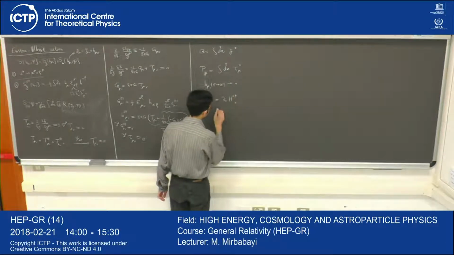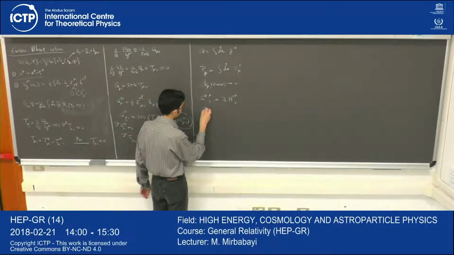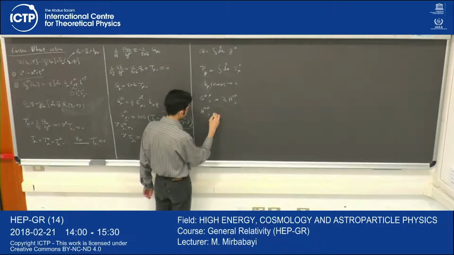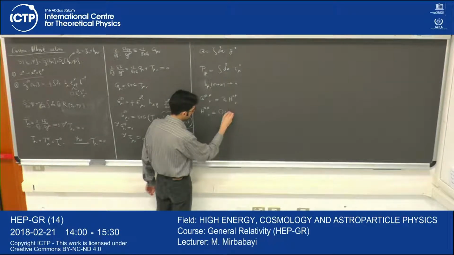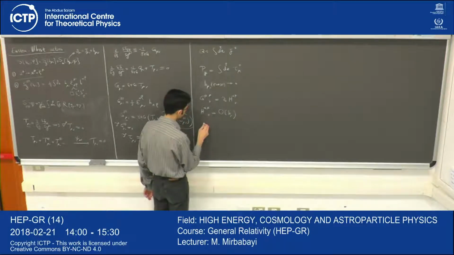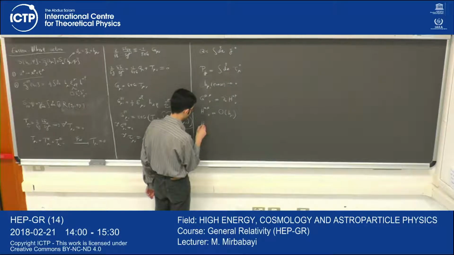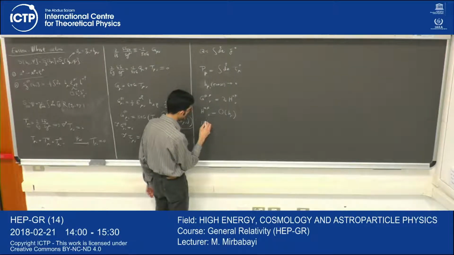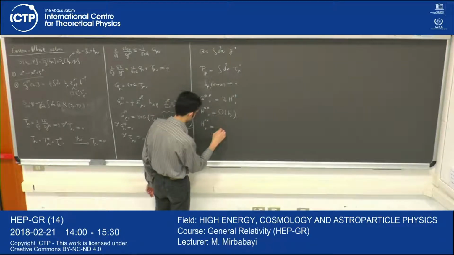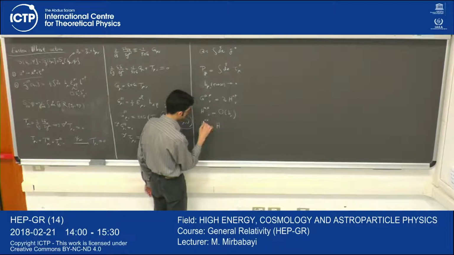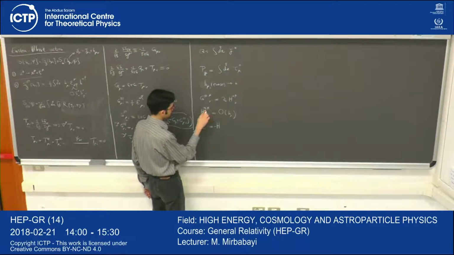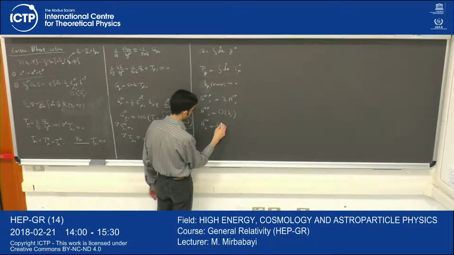this H alpha mu nu has the property that first of all it is first order in h mu nu, and secondly it has some explicit form, but I don't write it. It's written in the notes. It is anti-symmetric with respect to these two indices, so this is equal to minus h mu alpha nu.